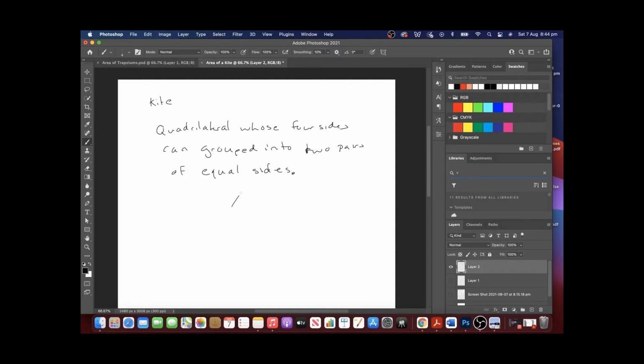Okay, so a kite is something like this, where these two sides are equal and adjacent, and these two sides are equal and adjacent.